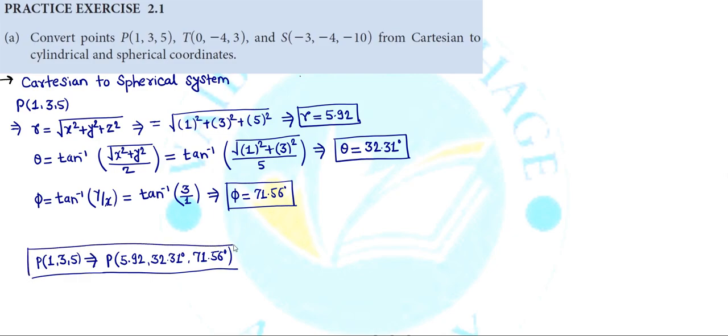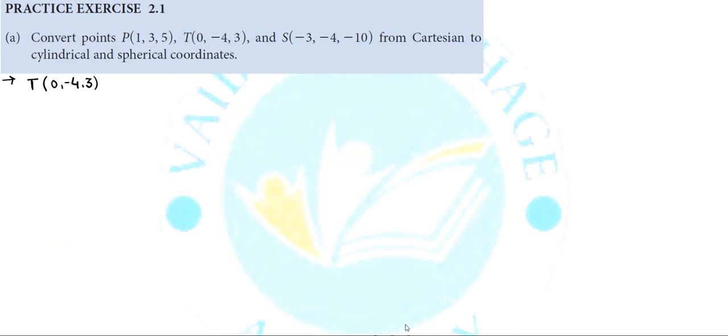Now we will go in a similar fashion for your points T and S. For the conversion of point T into spherical, we are again going to make use of the same formulas. R is the square root of x square plus y square plus z square.